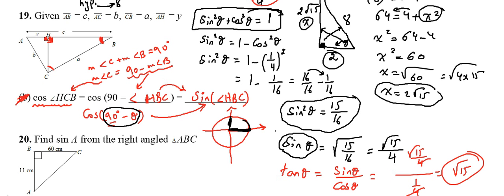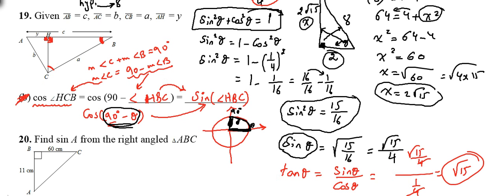Okay, trigonometry part 2. I was saying in part 1 that the x-axis is the cosine axis and the y-axis is the sine axis. When the angle is 90 minus theta, it means it's 90 because this is 0 and this is 90 degrees, minus theta. I'm back to the portion 1.